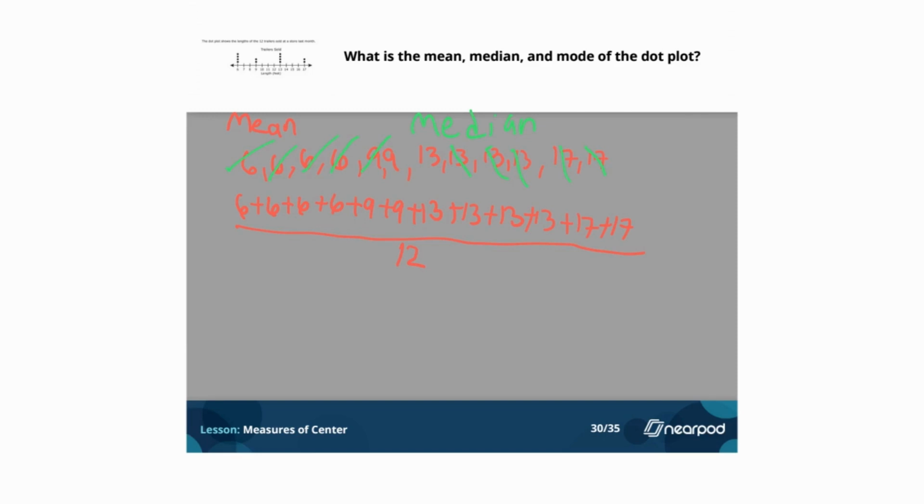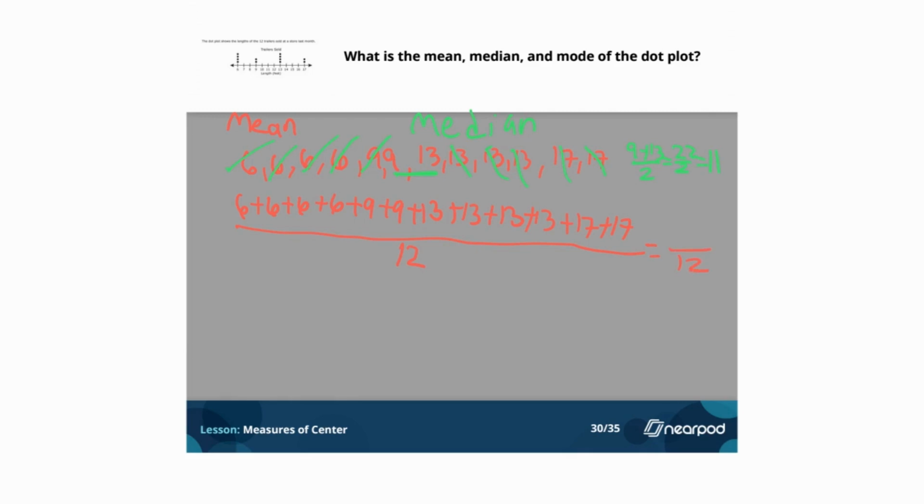Now I cannot cross out these two, because if I do, there's going to be nothing. So you're going to get those two. 9 plus 13 divided by 2. That is your answer. Whatever you get there. So I get 22, so your median is 11. I didn't give you your answer for your mean, but you figure that out.